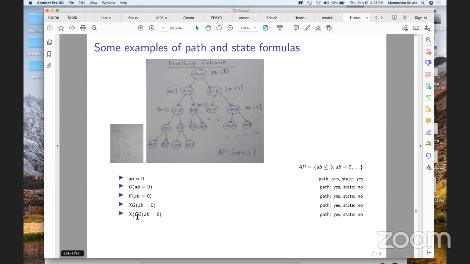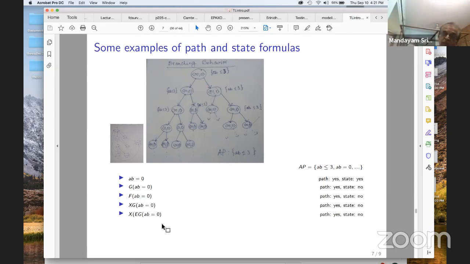So in the next state, on that path, this is true of all those paths in which not the first but the second state is one for which this EG of AB equal to 0 is true.